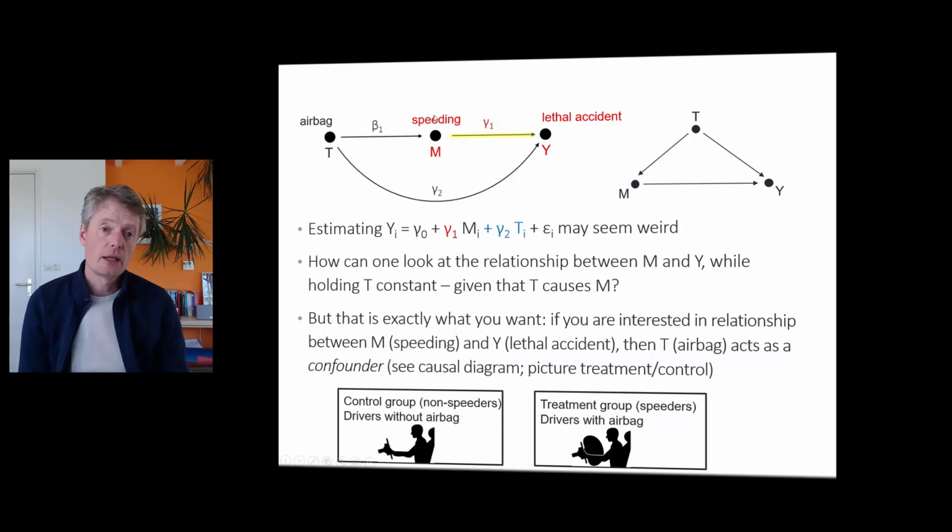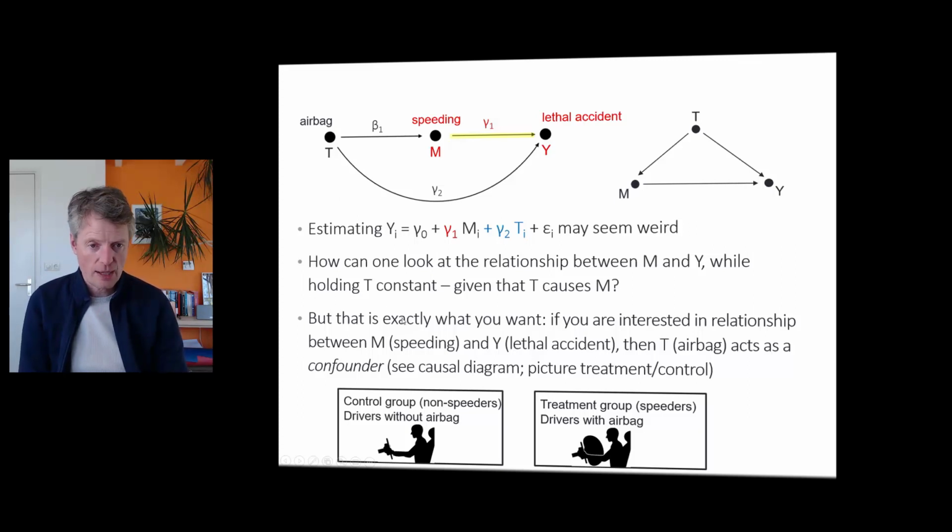We are interested in the unbiased effect of M on Y, but as I've shown here in this causal diagram, T functions here as a confounder, because T is a common cause of the mediator and the outcome. So we have to adjust for T in this relationship, right? So we have to keep T constant, but set M at the level that it would have taken if we had administered the treatment, right?